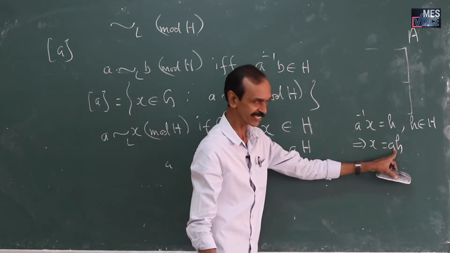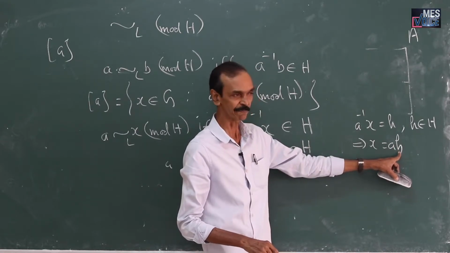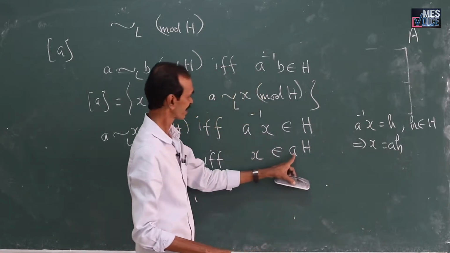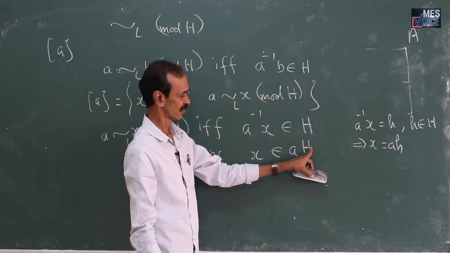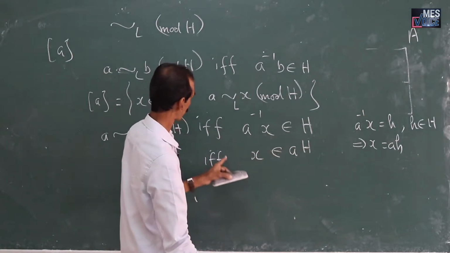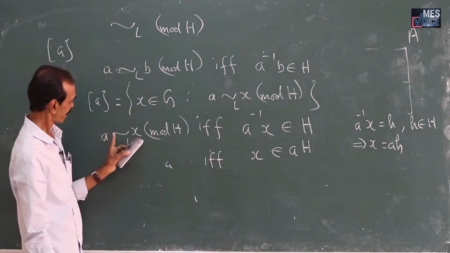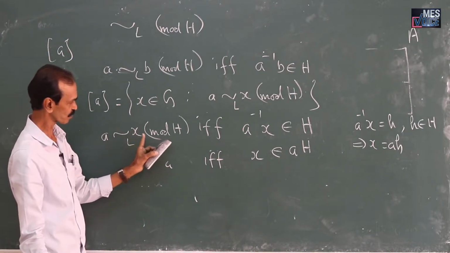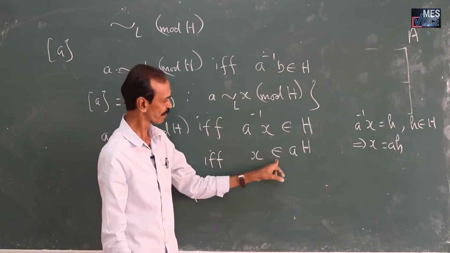And this ah is a typical member of the left coset of H in G, that is, AH is the left coset of H in G containing A. So, look at what we established: A is left congruent to x modulo H if and only if x belongs to AH.